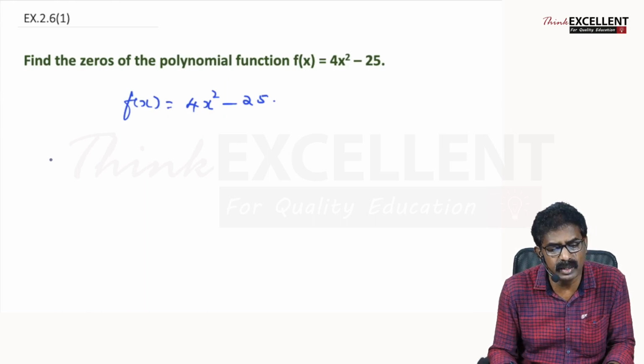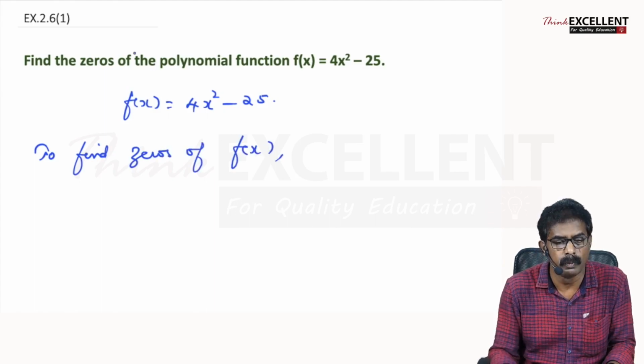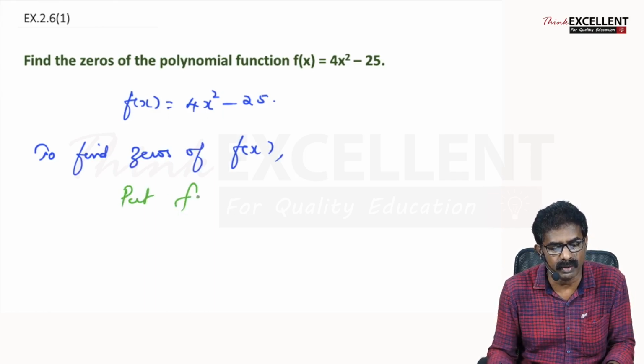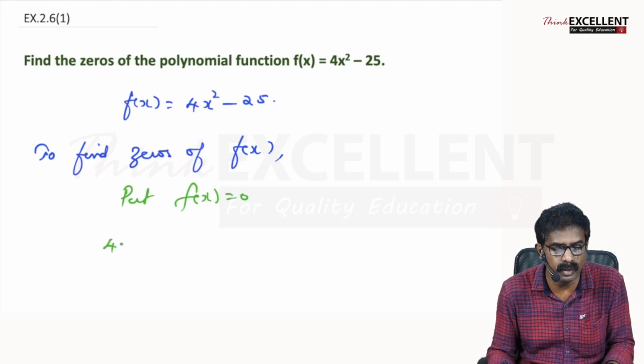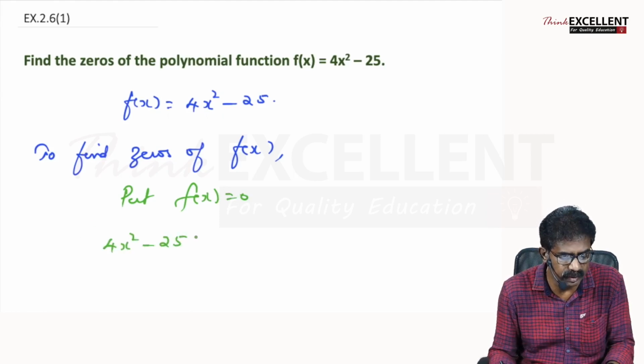So to find zeros of f of x, what do you do? Put f of x equal to 0. So what is f of x here? 4x square minus 25 equal to 0.